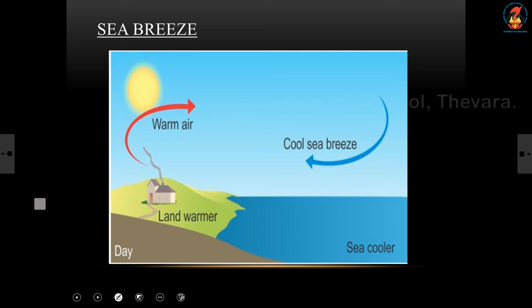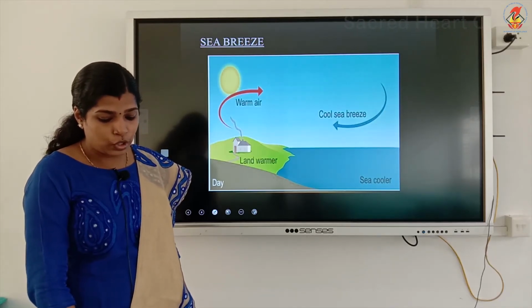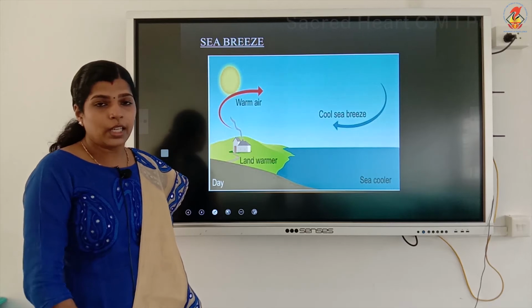The air above the land becomes hotter and rises up. The cool air from the sea rushes in towards the land to take its place. The warm air from the land moves towards the sea to complete the cycle. The air from the sea is called sea breeze. To receive cooler sea breeze, the windows of the houses in coastal areas are made to face the sea.